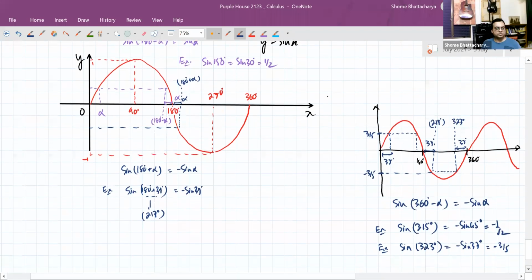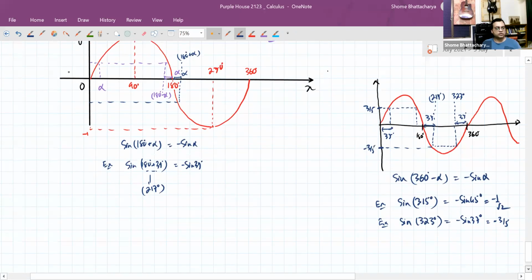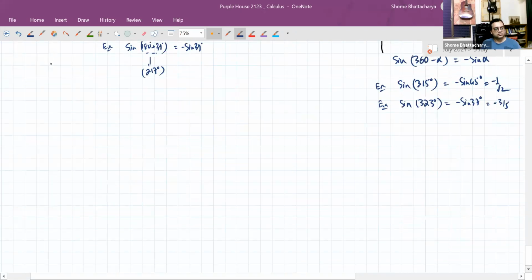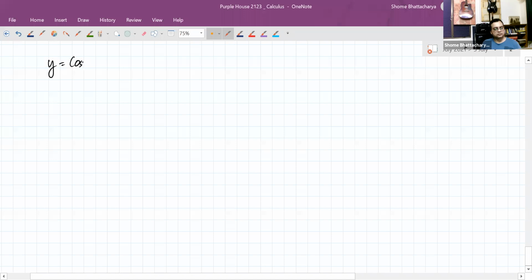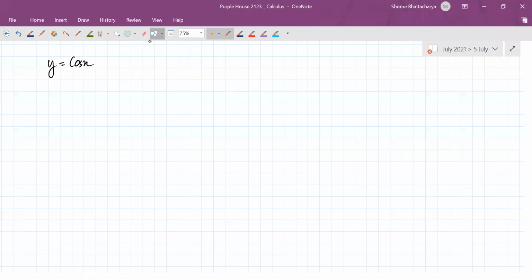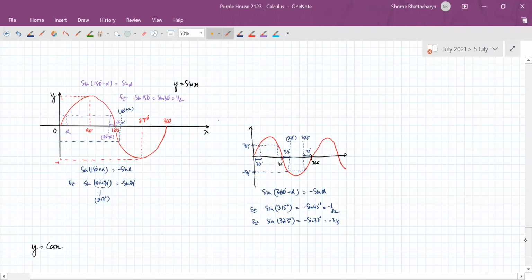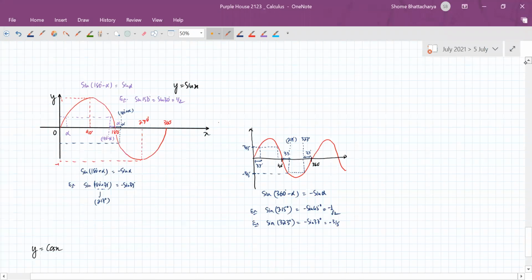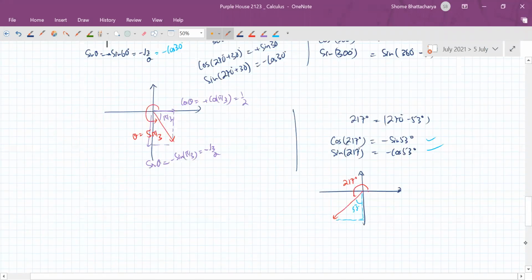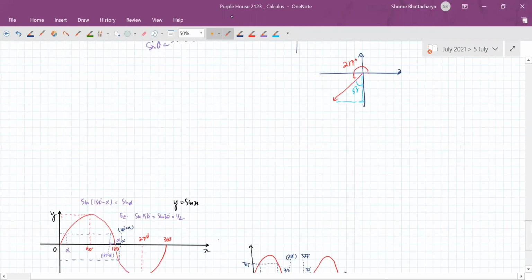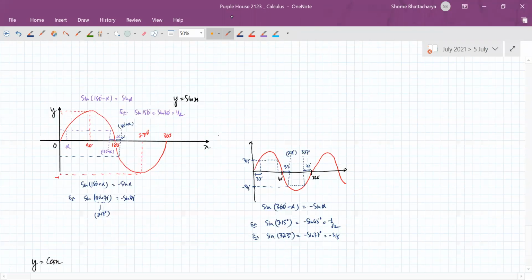Okay, so likewise now we reference the graph of cos x. Sir, can you show the graph for 1 minute? Yeah. Before this, we did that.